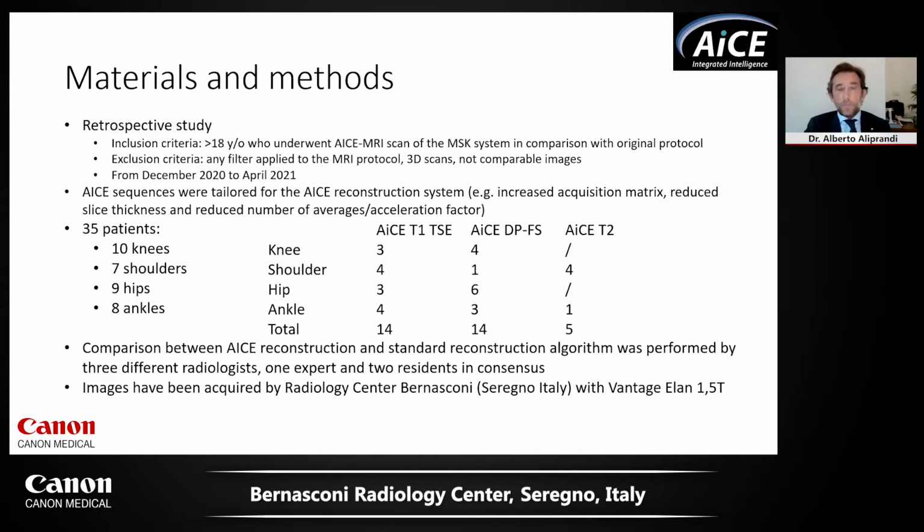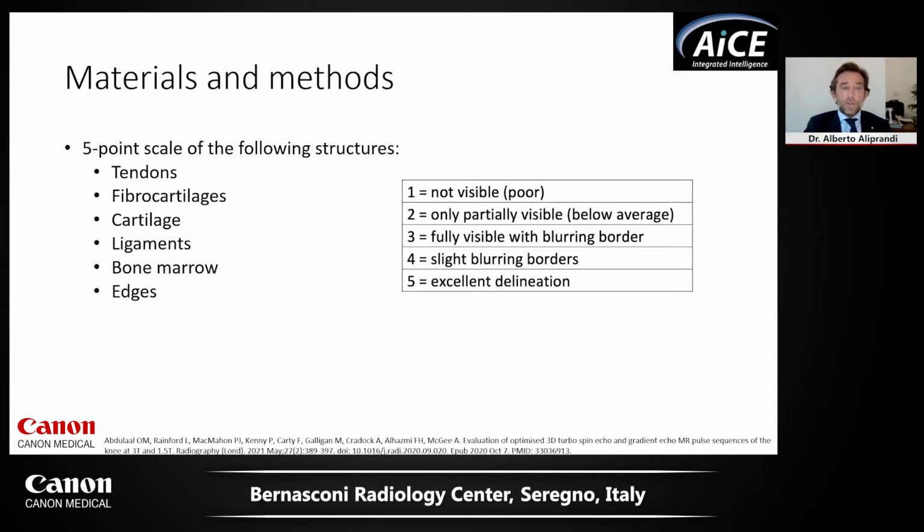with a total of 14 FATSAT, 14 T1 weighted, and 5 AiCE T2 weighted, with or without fat saturation. According to the literature, we qualitatively assessed the anatomical structure of the joints, meniscus, tendon, fibrocartilage, ligaments, bone, and edema. Each anatomical structure was rated based on the appearance as follows.